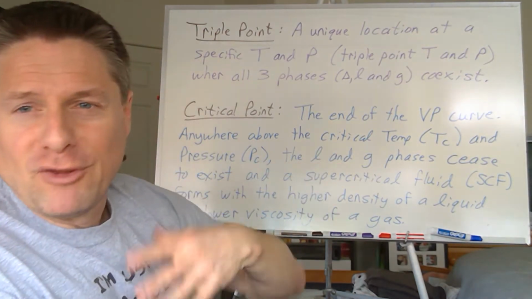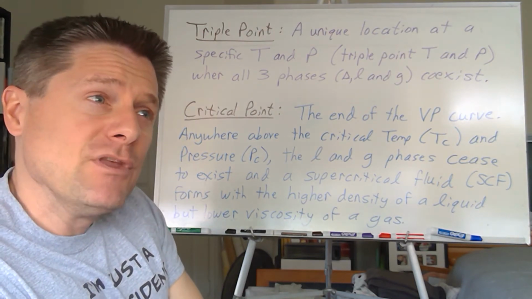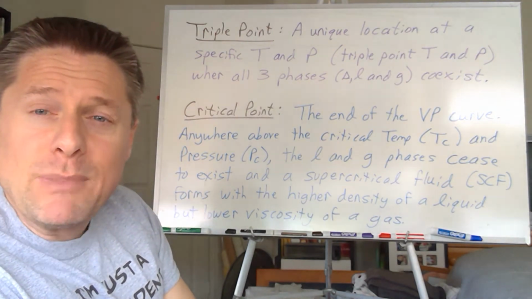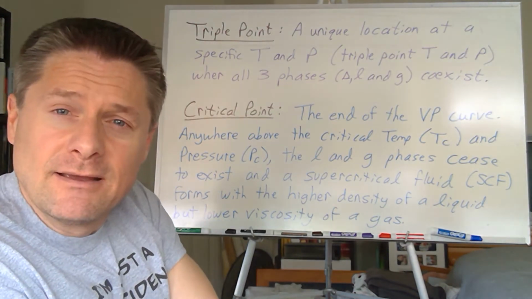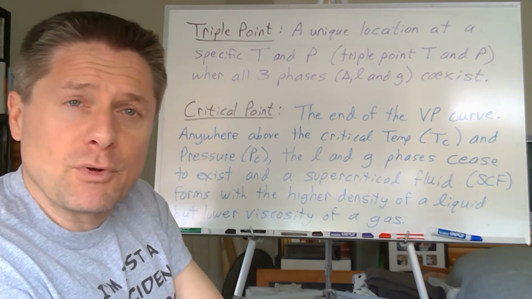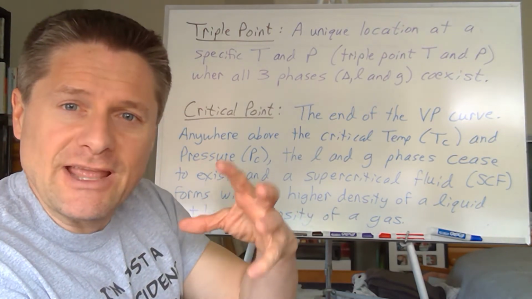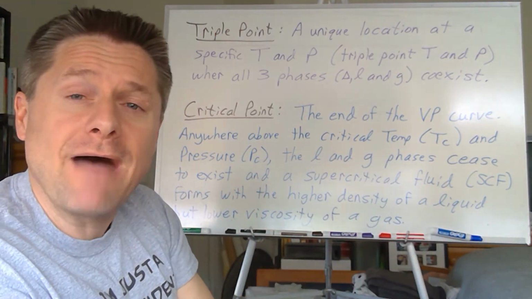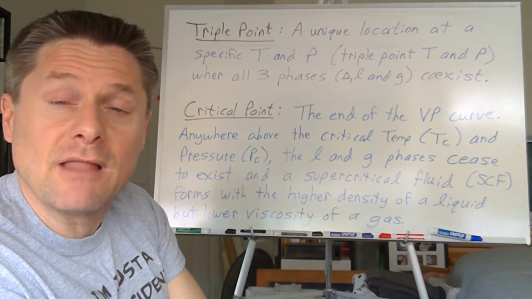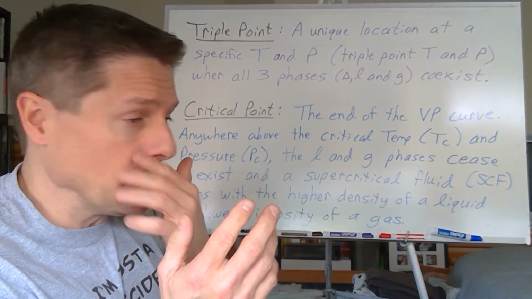And supercritical fluids, we're not going to use at the undergraduate level typically, but you may have heard of them being used as solvents to, I think, decaffeinate coffee, because that supercritical fluid is more dense and nonpolar, you can extract caffeine from coffee beans, not 100%, but you can get a lot of it out of there if you're at the right temperature and pressure as a supercritical fluid.